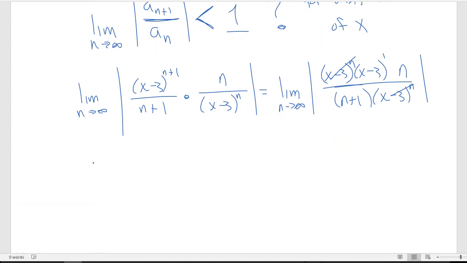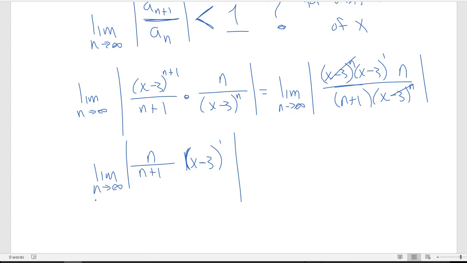I'm going to pull the polynomial terms together. I have the limit of n over n plus 1, and then the absolute value of x minus 3 to the first, all of that in absolute value. Here's my simplified version of my ratio test.